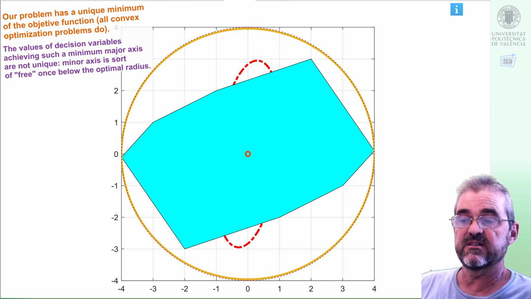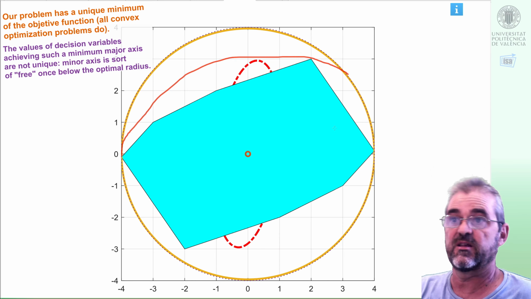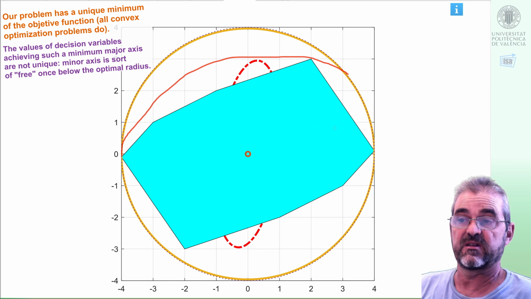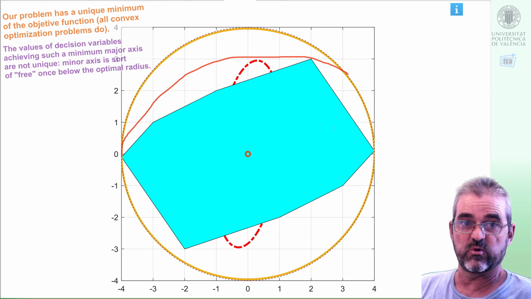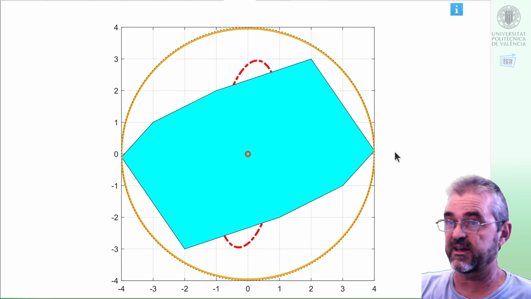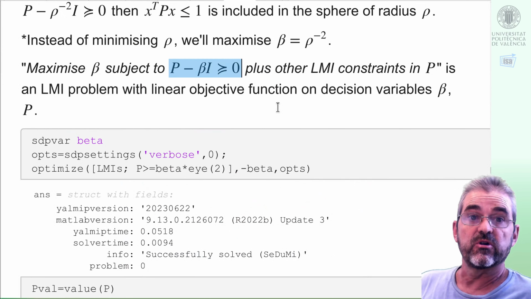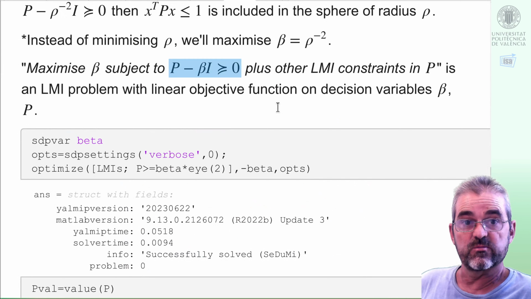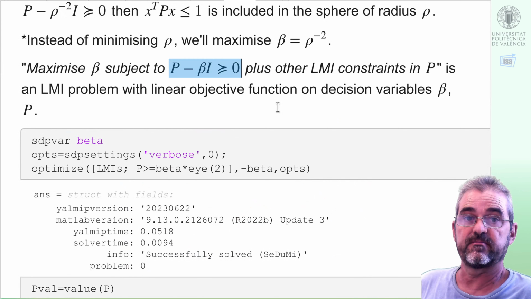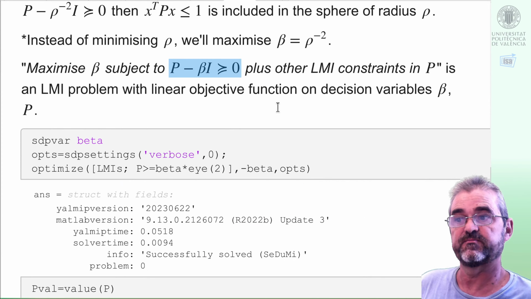So intuitively, we would like to have kind of shorter ellipse in this direction, but of course, keeping the maximum half-axis as small as possible. Well, in order to do that, we need to push not only on the smallest eigenvalue of P, but on the largest eigenvalue of P as well.